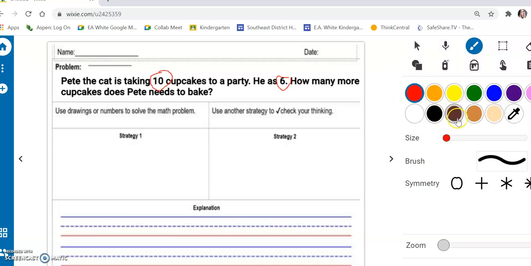I would remind my students that drawing a math picture means we're using simple symbols or shapes. Ms. Duffield might start by remembering that I need 10 cupcakes to come to the party. I might start by drawing 10.